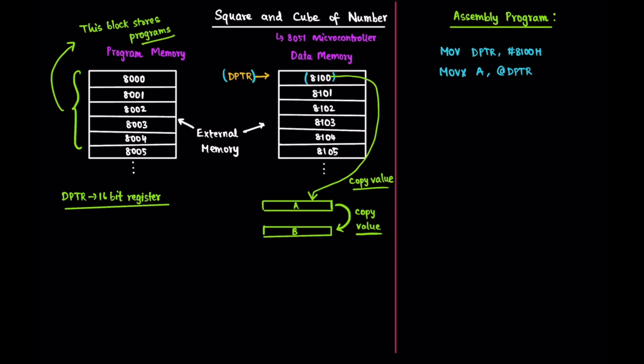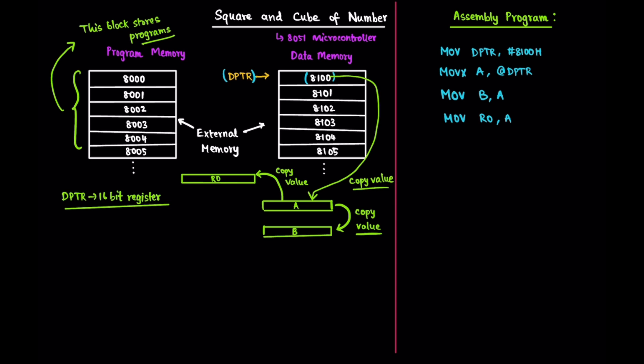For that I have to write MOV B, A, meaning I am copying the value from A to B. Now I am going to use another register R0 to store the same value of A. You will understand why we are doing this later. And the assembly language program for that is MOV R0, A. So I have successfully copied whatever is in A into R0.